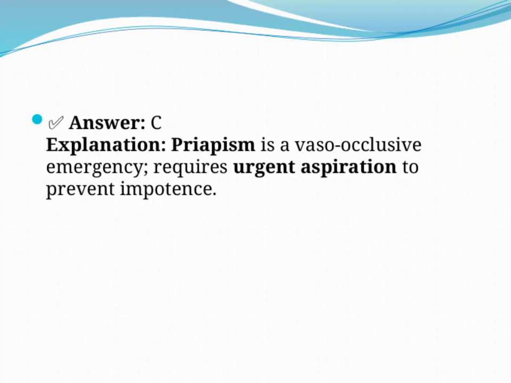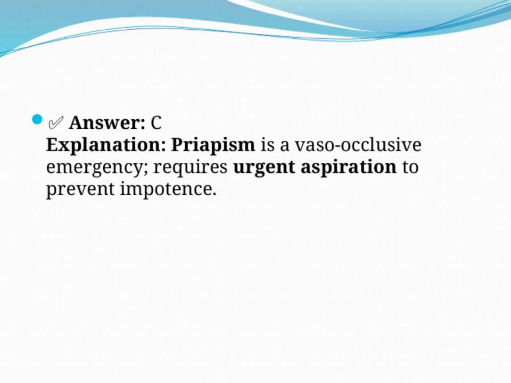Answer: C. Now, let's discuss why this is the correct choice. Priapism is considered a vaso-occlusive emergency, which means that the blood flow in the penis becomes trapped and blocked. This situation requires urgent intervention to prevent long-term damage. The key treatment here is aspiration, where we drain the blood from the corpora cavernosa to relieve the pressure.